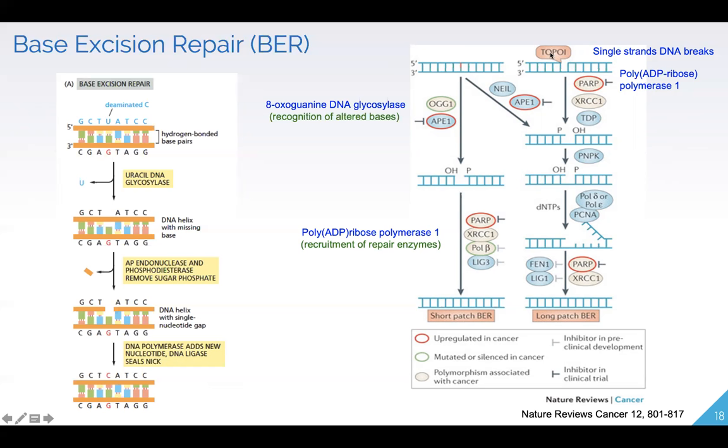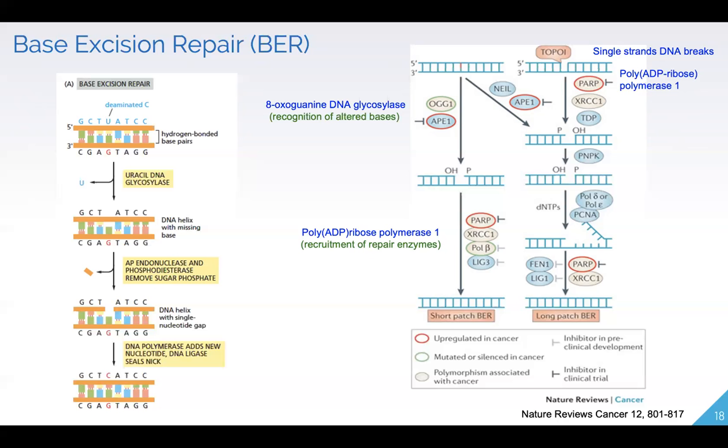Topoisomerases, you probably heard during the DNA replication lecture. These are classes of enzymes that remove the topological strains ahead of a moving replication fork. And the way they do that is that they basically create a covalent bond at the helical structure, and then they make an incision in one of the strands, allowing for the helix to rotate around the axis, and then it seals it again normally.